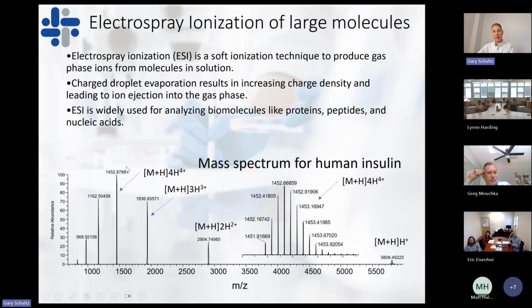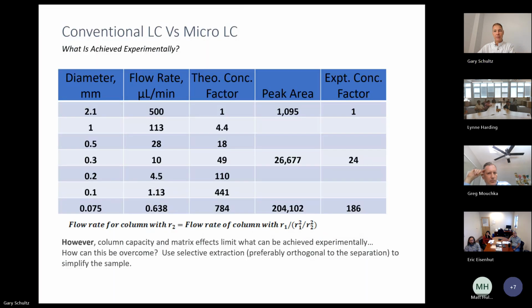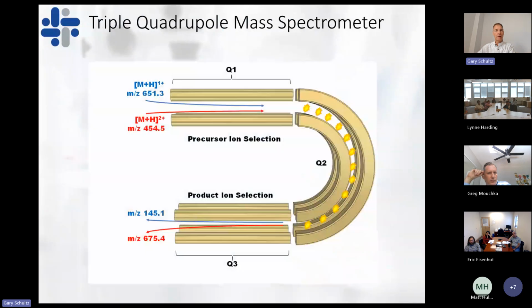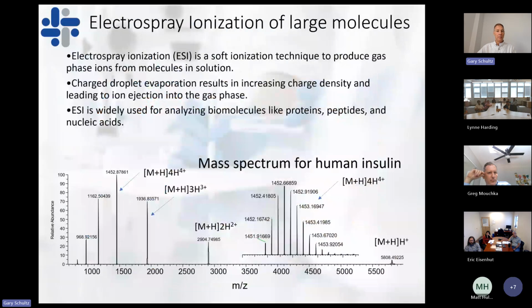In this example, I don't show the chromatograms, but the data example was an SRM, a quadrupole based assay. We isolated the 1452, fragmented that, and collected a specific product ion of that fragmentation in order to measure how the sensitivity increased with scaling the column diameter.